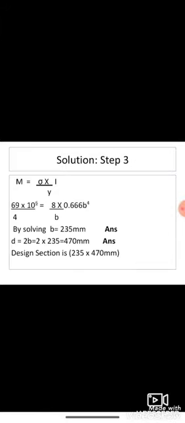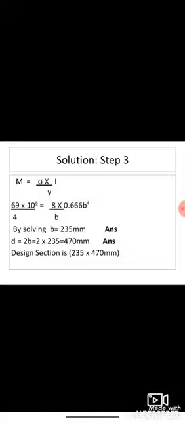Step 3. We have to find B. From the flexure formula we know M, the maximum bending moment, divided by I, the moment of inertia about the neutral axis, is equal to sigma, bending stress, divided by Y, the distance from the neutral axis. M is equal to sigma I divided by Y. We substitute the values.